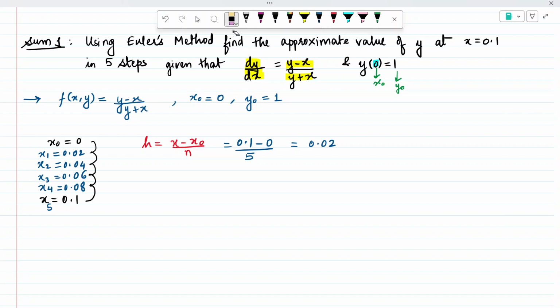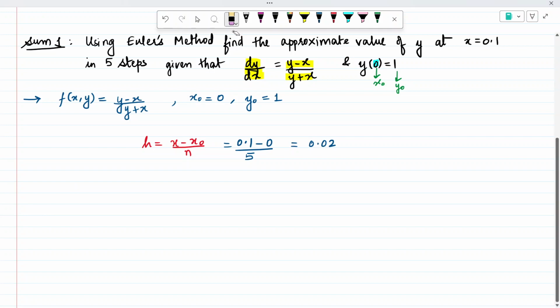There are two ways of solving this. One is the tabular method, which is a bit easier or a bit better, so we'll go by the tabular method.